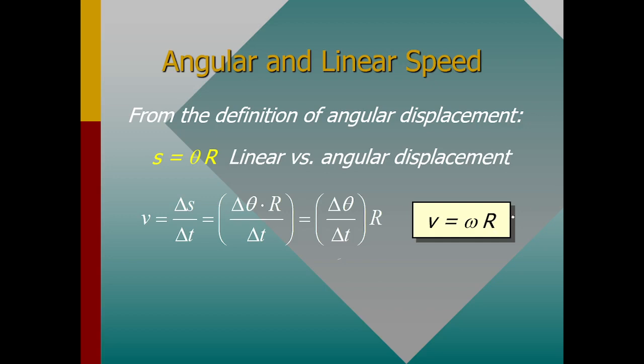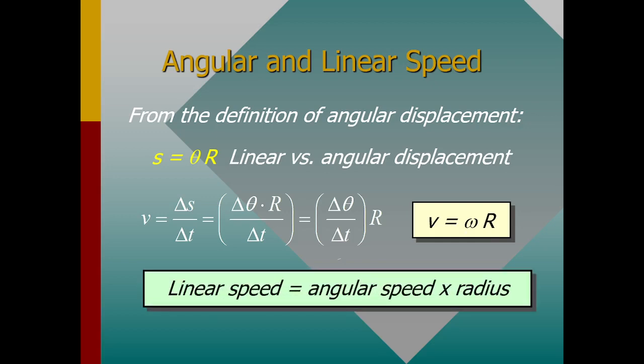So this formula relates the linear velocity and the angular velocity. v is linear speed, w is angular speed, and r is the radius.